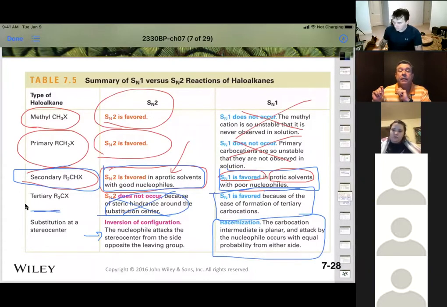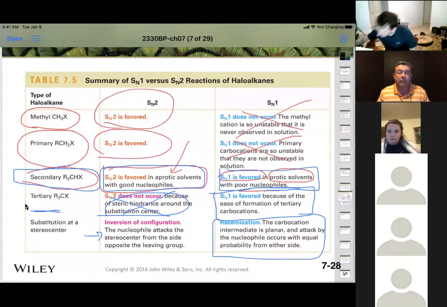However, if it was a secondary, you had to have a protic solvent with a poor nucleophile to support that charge. The other way that we can have an alkyl halide or a halogen leave the molecule is to come in from the backside and kick it out. And then we call that an SN2 reaction because it took two molecules, one bond making and one bond breaking at the same time, okay?